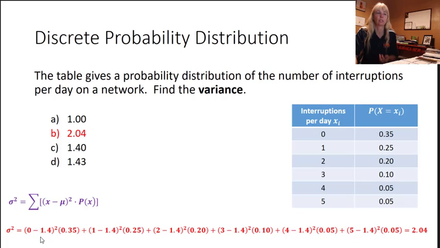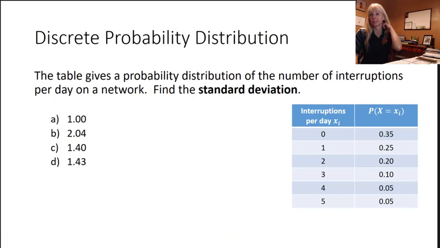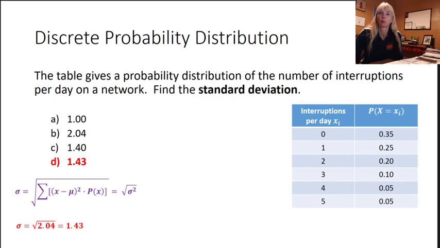Square them, multiply by each of their probabilities, and add them all up. Then how would you find the standard deviation? We know if we have the variance, we just take the square root, and that gives us the standard deviation.